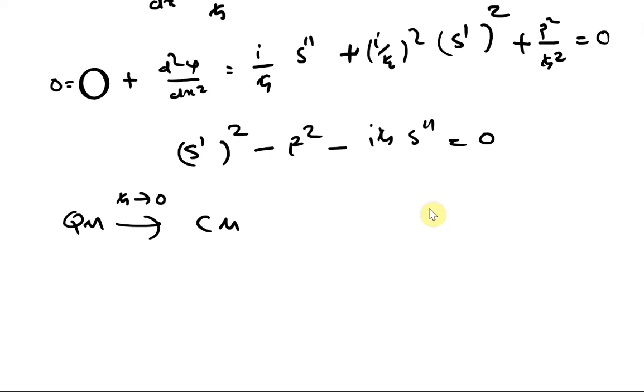So quantum mechanics, in the condition when h cross tends to 0, has to lead to a classical mechanical system. So in this expression, for a classical system, the quantity i h cross s double prime is going to be really small, because h cross is really negligible in the case of classical systems.